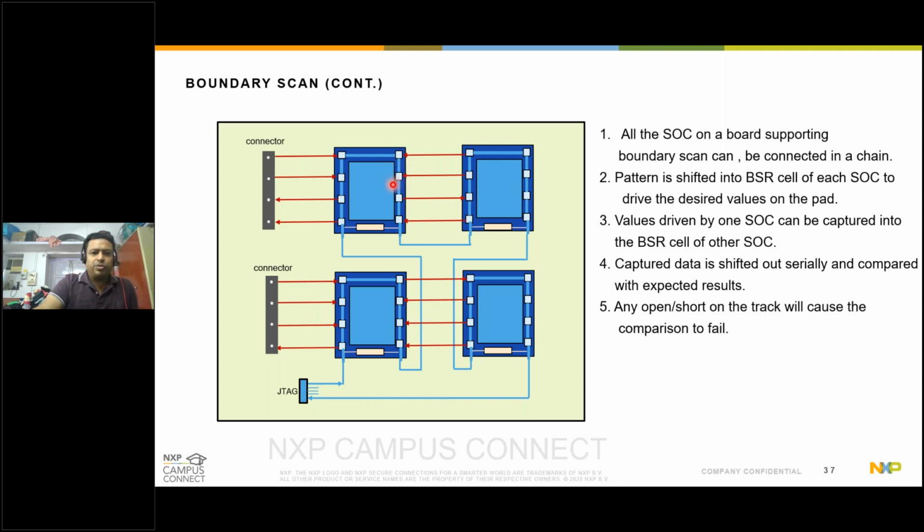Then I can diagnose for which pad this pattern has failed, and I will come to know that there is a defect in this particular track, an open or short. This is how the connections between multiple SOCs are tested on a board. I hope that answers the query.